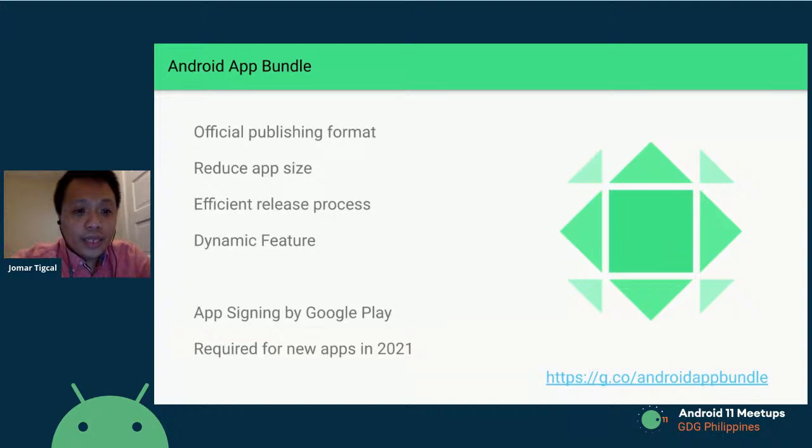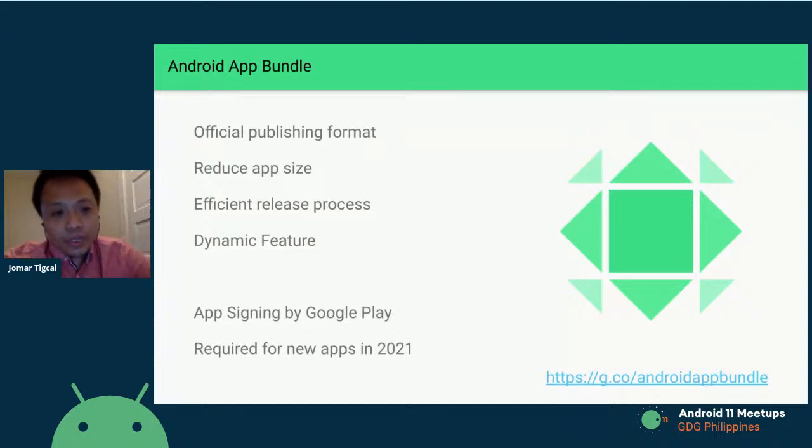And then Google will create all those signed APKs for our users. So if you are publishing a single very large APK that accommodates everything, you don't need to do that anymore. Or if you're used to publishing multiple APKs that target different device types, you don't need to do that anymore. You can use Android App Bundle, so it's just one publishing format.